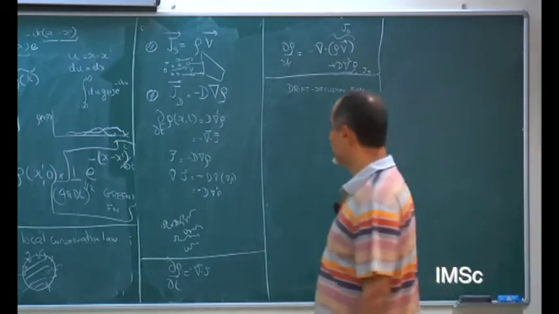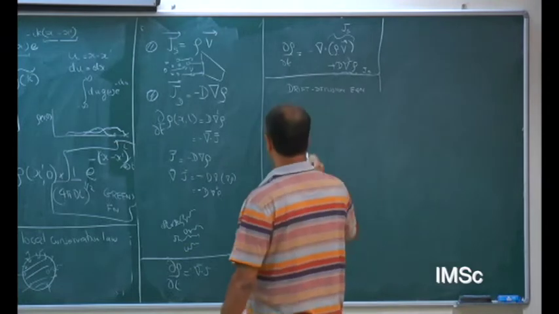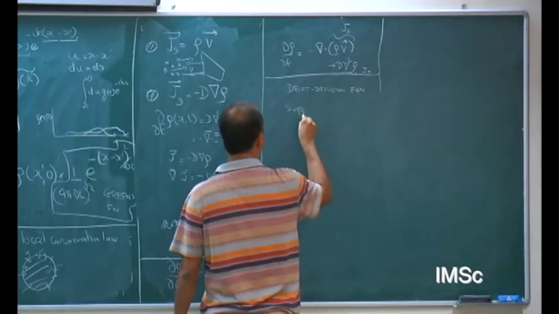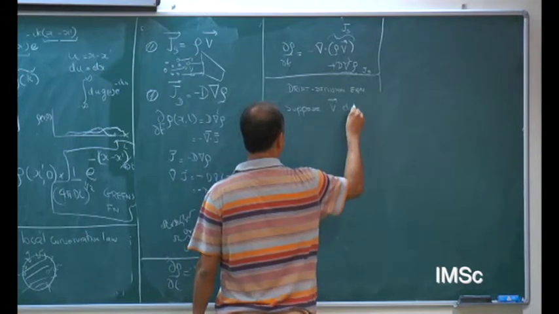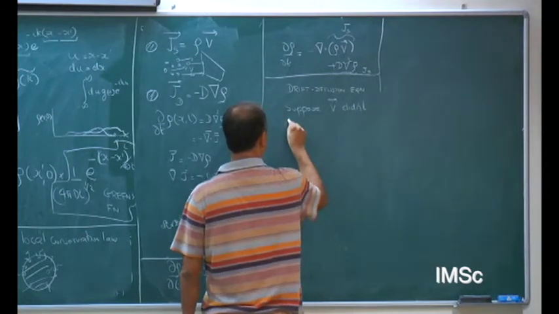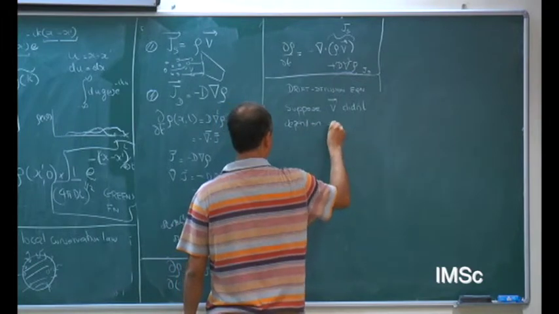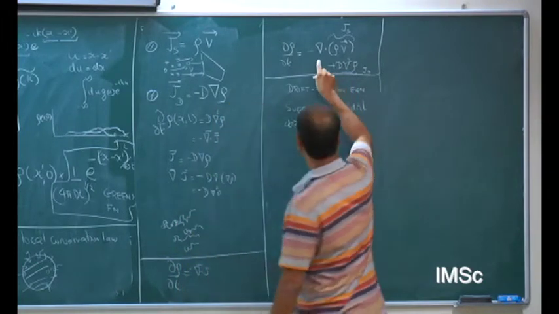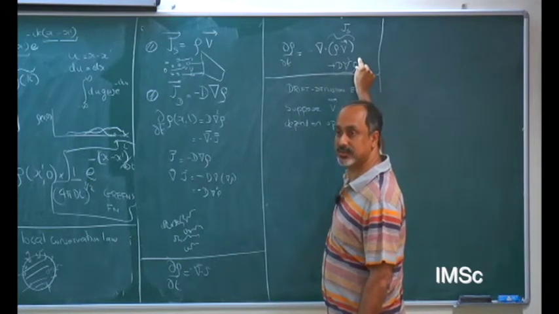In fact, we can sometimes make things a little simpler. Suppose V didn't depend upon space, then as far as this grad operator is concerned, it doesn't look at it at all, it's just a constant.